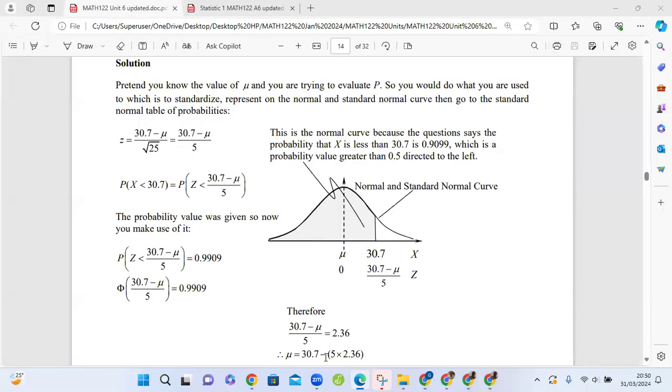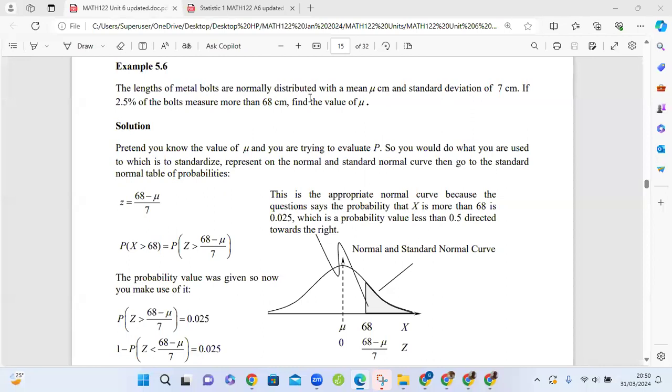Now, once you obtain your z, then it's history from there. You just plug your z back into the half complete formula. Now you'll only have one unknown, and you'll just apply some simple algebra to solve for it. Let's take a quick look at example 5.6. Without even reading the entire sentence, let's look for the key terms.